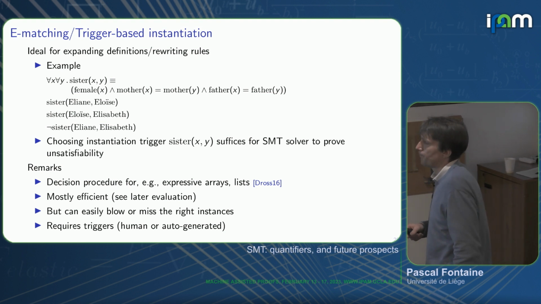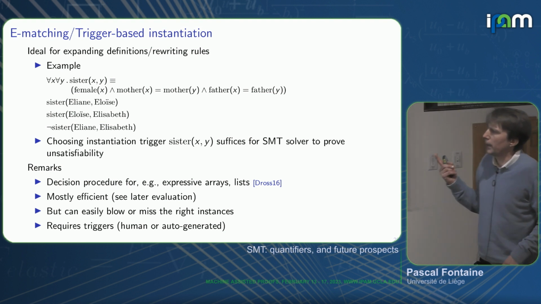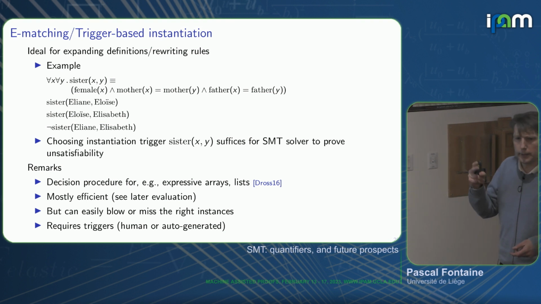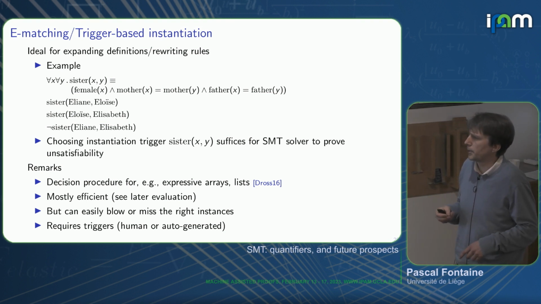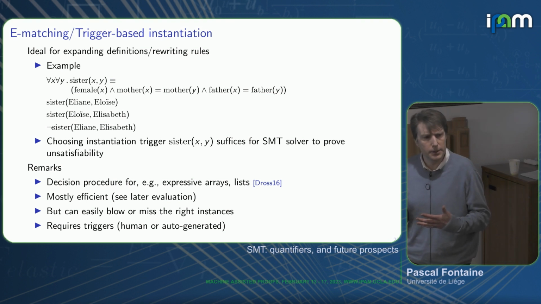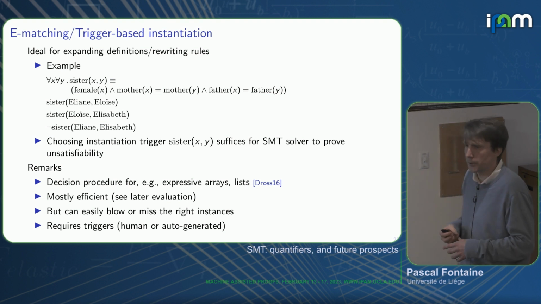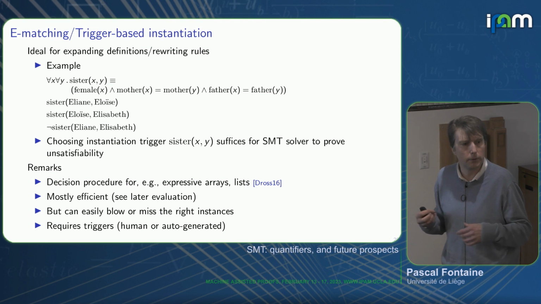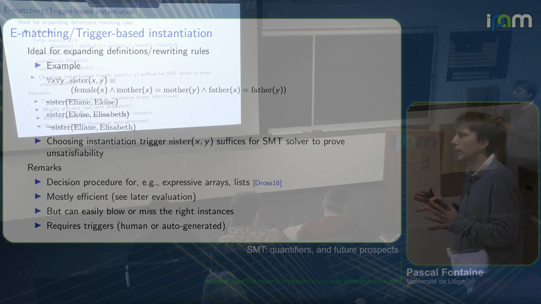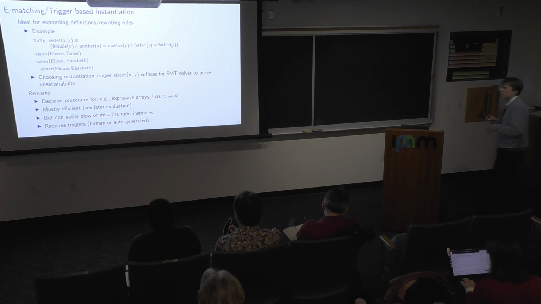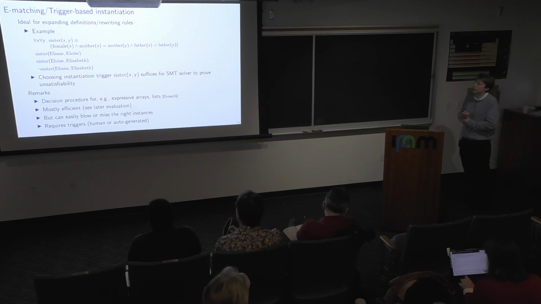So yesterday, when Haniel gave his talk, somebody asked whether you could add your own decision procedure into an SMT solver. Well, triggers are a way to have your decision procedures. I mean, not everything goes into triggers, but there are some things that go into triggers.